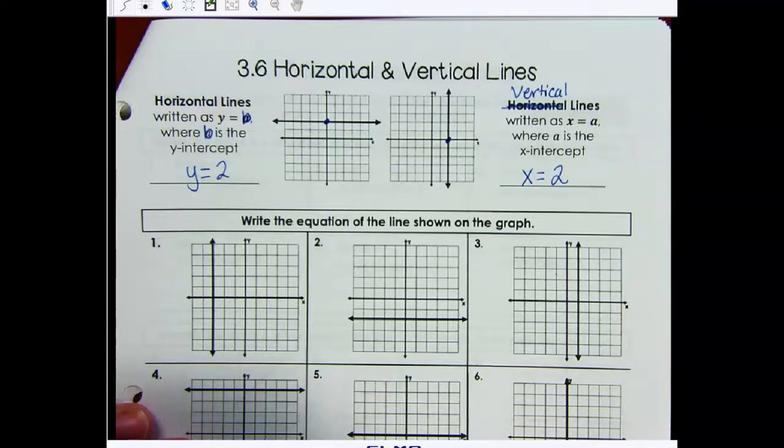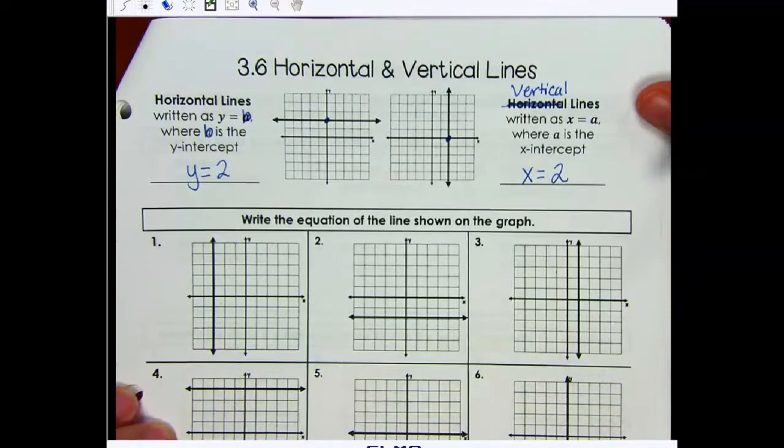Remember, vertical lines are really special. They are not functions because they are a vertical line. They don't pass the vertical line test. So they don't have a y in them at all, and they are the only lines that do not have a y.